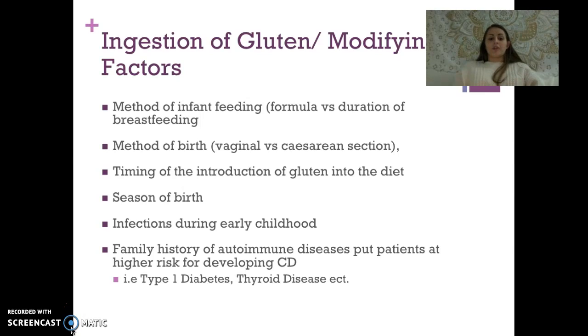The method of birth, either vaginal or cesarean, could affect it. So can the timing of the introduction of gluten in the diet, when during the year you were born, and any infections during your childhood. More importantly, a family history of autoimmune diseases will put you at a higher risk for developing celiac disease.